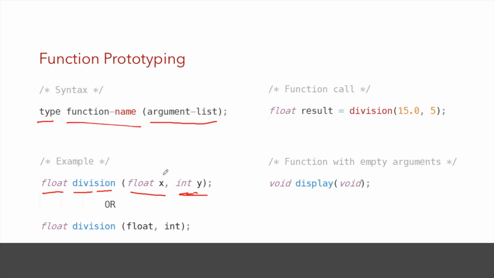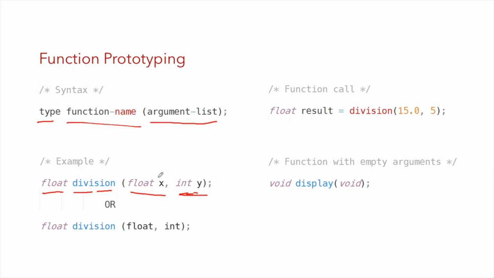Now an important thing is that because this is a function declaration, you can skip writing variable names here. So the variable name is optional. So these two are the same function declarations, I have skipped variable names over here. So this is valid, and it's a standard practice to write it like this.